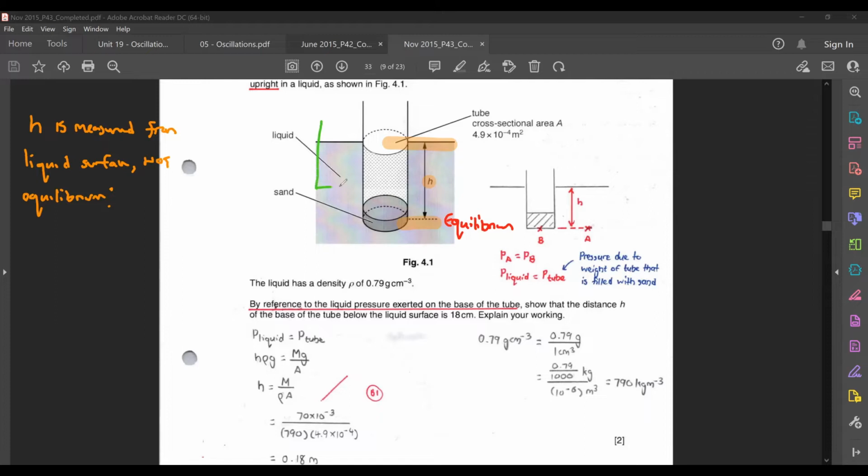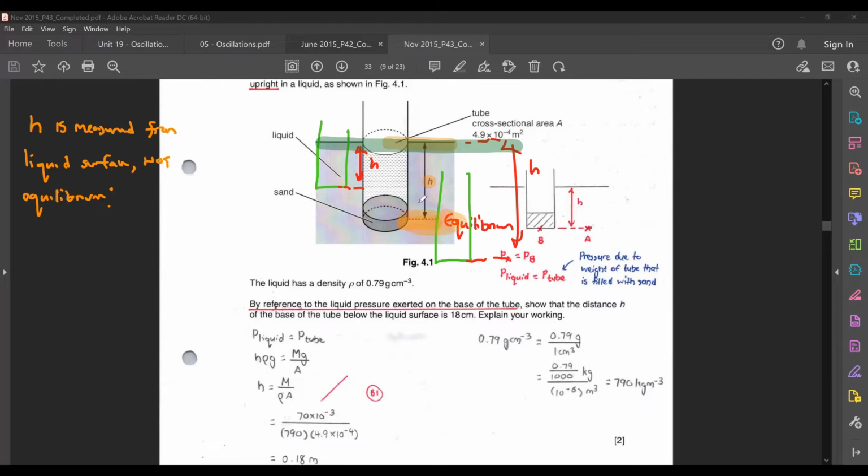It could go to a top position here, it could go to a bottom position here. So in that case, your h would still be measured like this. This is your h. This is again your h. They're all measured with respect to your liquid surface, not from your equilibrium position.